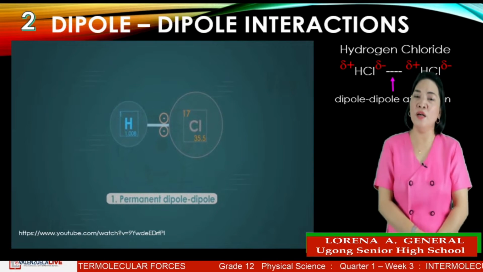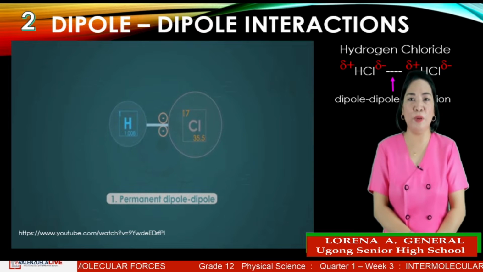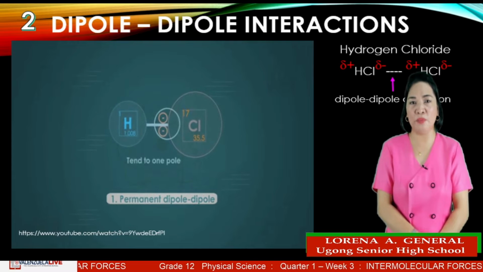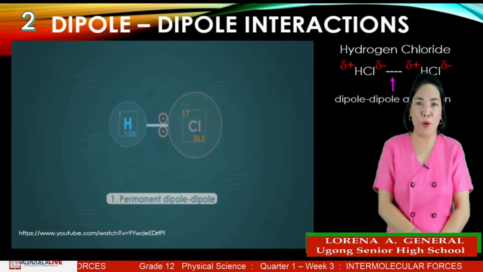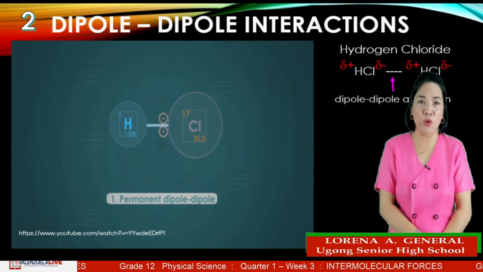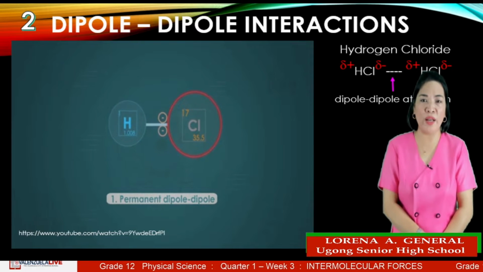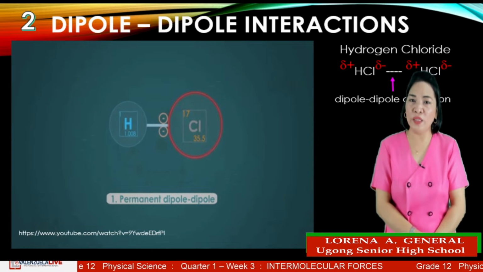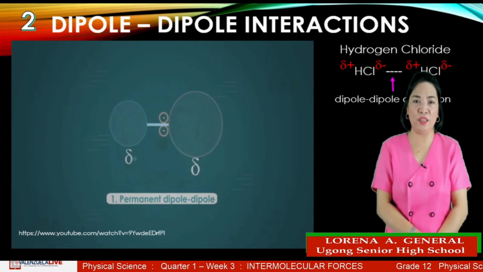The second intermolecular force is dipole-dipole interactions. Polar covalent molecules are sometimes described as dipoles, meaning the molecule has two poles. One end pole of the molecule has a partial positive charge, while the other end has a partial negative charge.